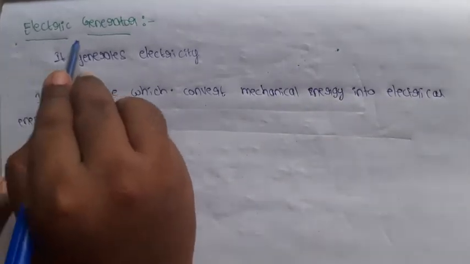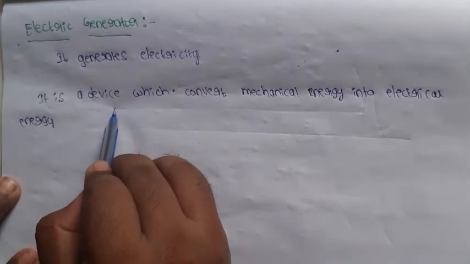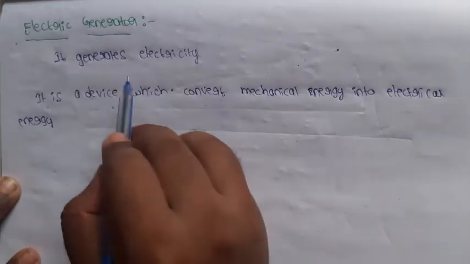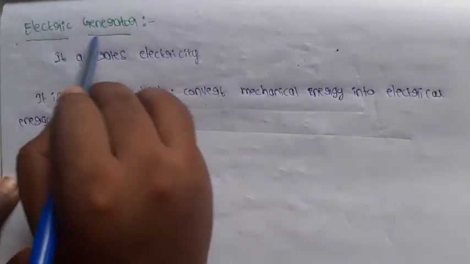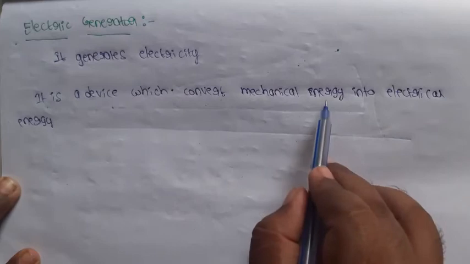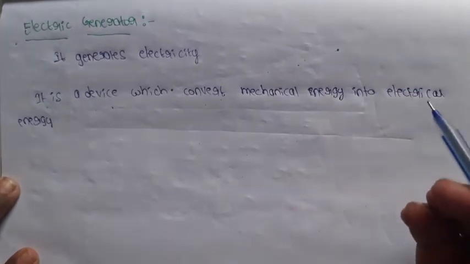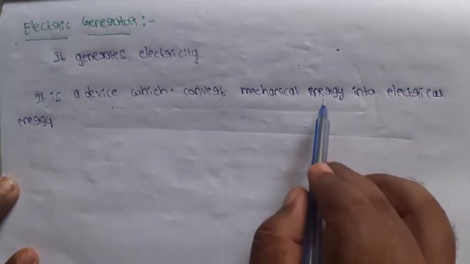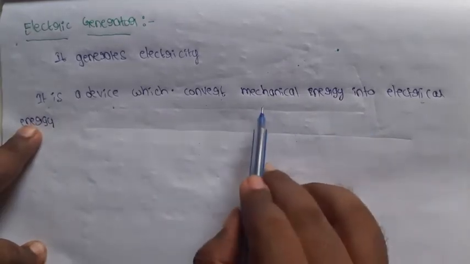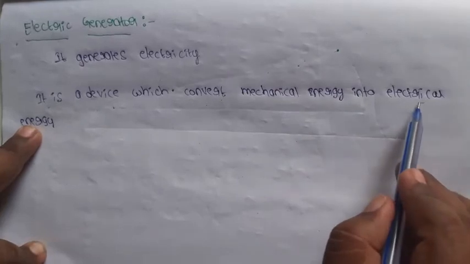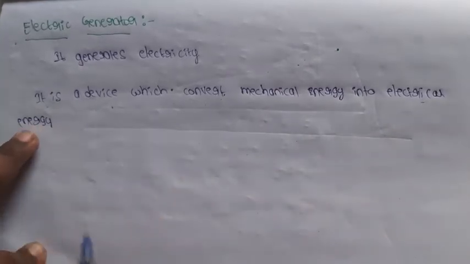This device takes the mechanical energy, either kinetic energy or potential energy, and that energy is converted into electrical energy, means current. Here mechanical energy is converted into electrical energy by the device.